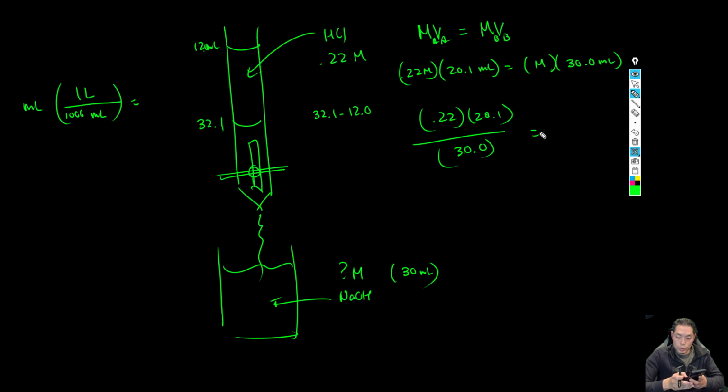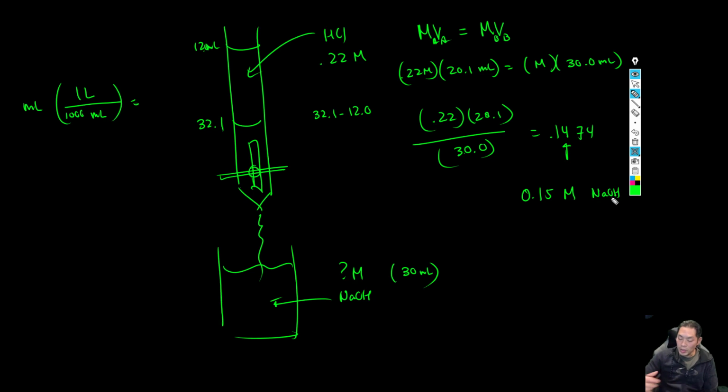I get a 0.1474 answer. This has 2 sig figs, so I'm going to round it right there. So the molarity of my base is 0.15 M NaOH. And that's how it's done.